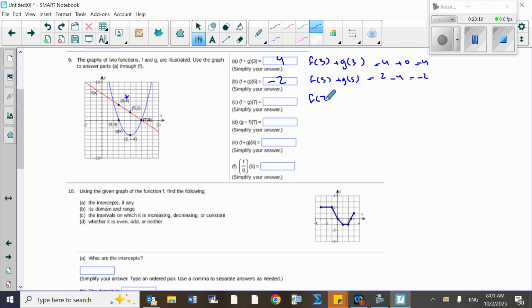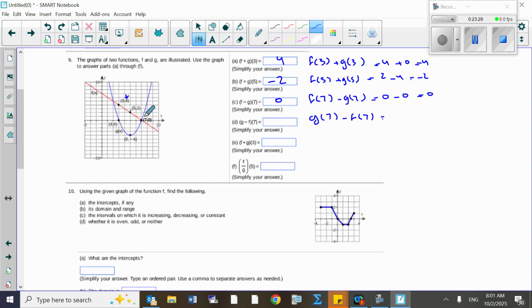f of 7 minus g of 7. What is f of 7? It's 0. What is g of 7? That is also 0. So the answer is 0. Now g of 7 minus f of 7.